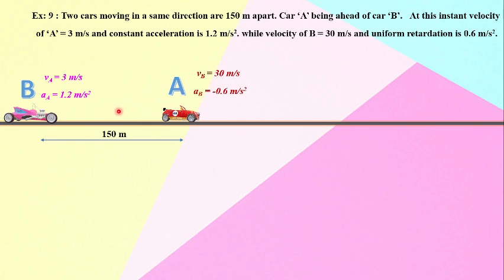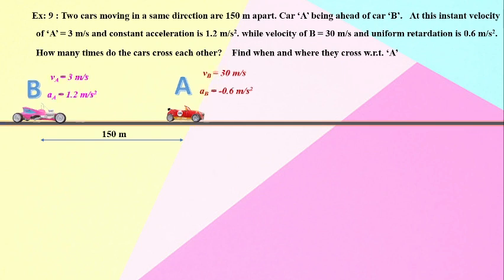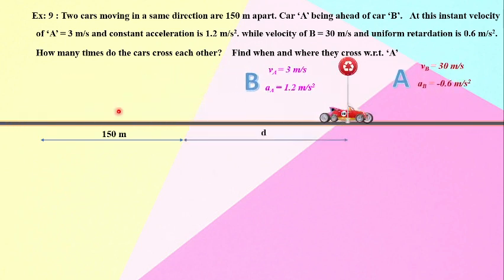Is it okay? Now we have to find out how many times these cars cross each other, means they will be overtaking each other. So let us find out when and where they cross with respect to A. Is it okay? So with respect to A means with respect to car A. So let this be the point where these two cars will be crossing each other.